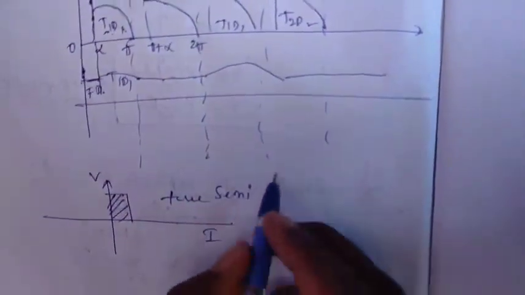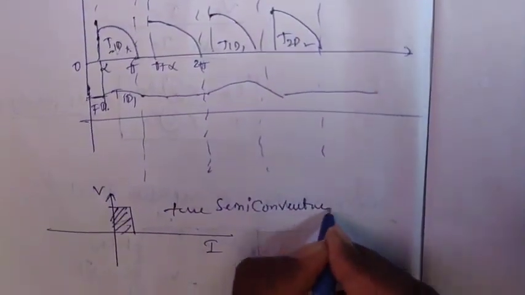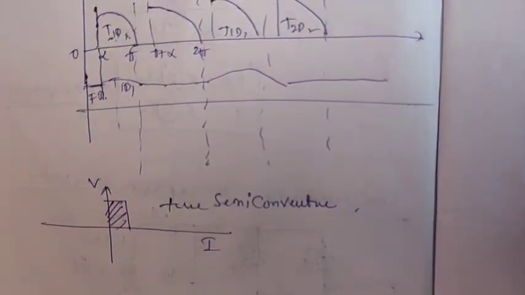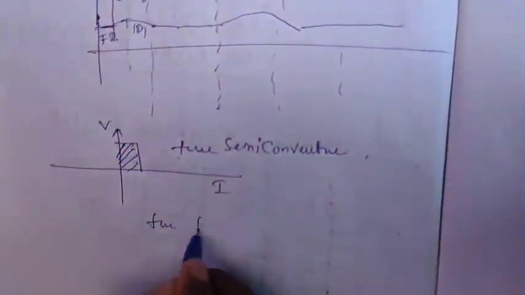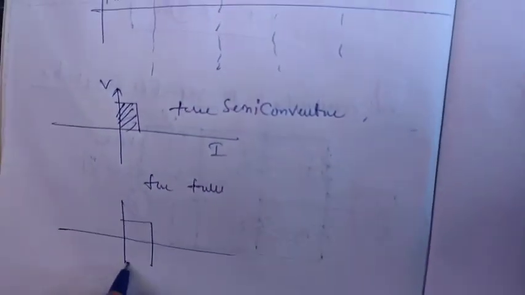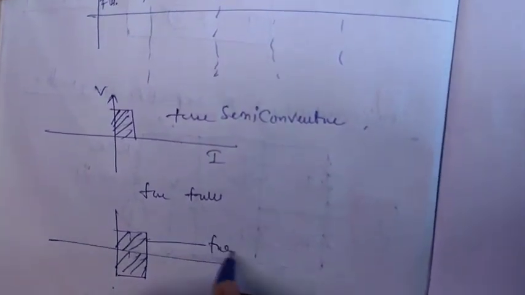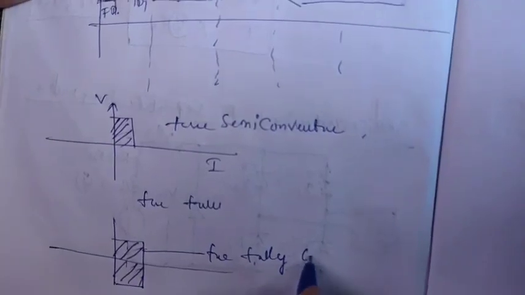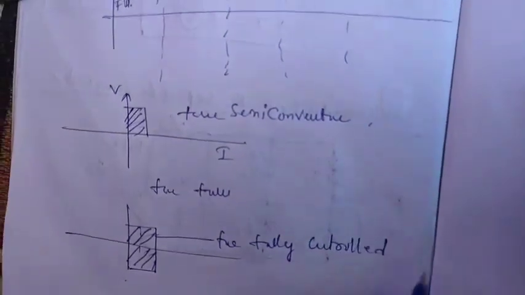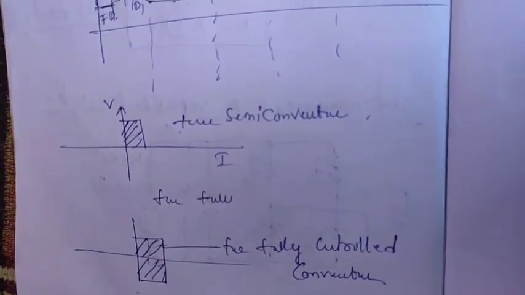For the semi converter, only single quadrant operation is possible. For the full converter, there are two operations, continuous and discontinuous, in quadrant 1 and quadrant 4. That is for the fully controlled converter.